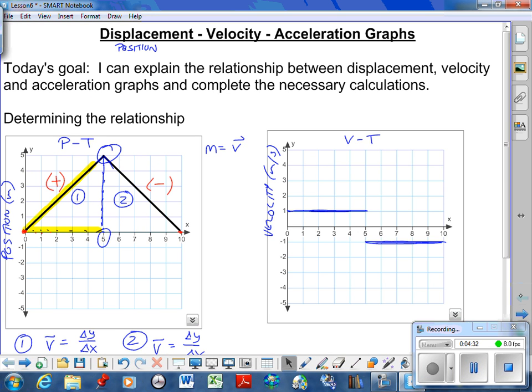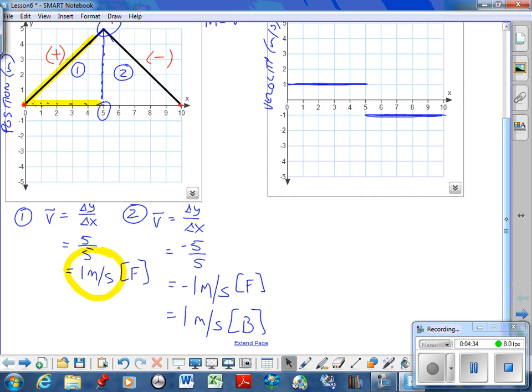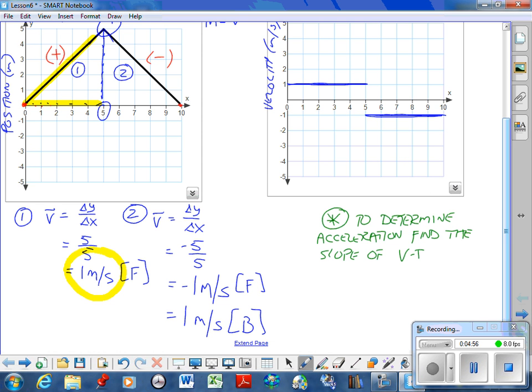Again, it's the same process: to determine acceleration, find the slope of a VT graph. Now today it's going to be fairly simple finding that slope.